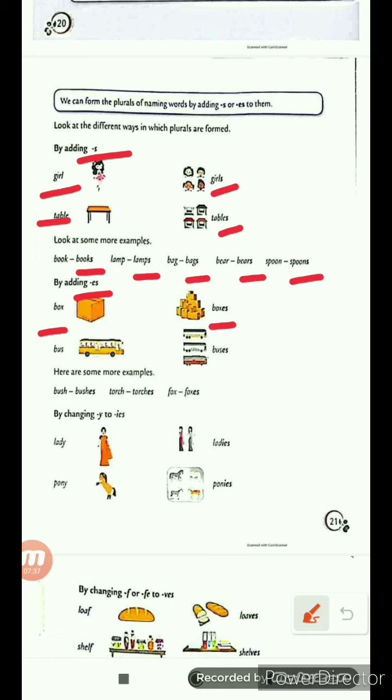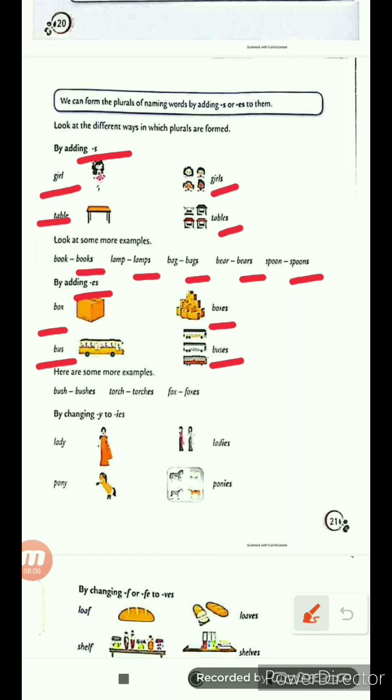Suppose here bus is there, so s is already there. So how will we make it plural? We will add es to make it plural. That is buses. So when the last letter is x or s.